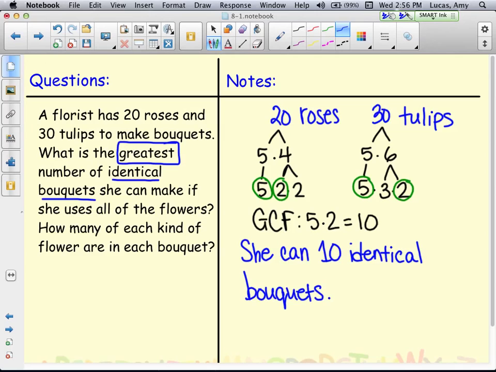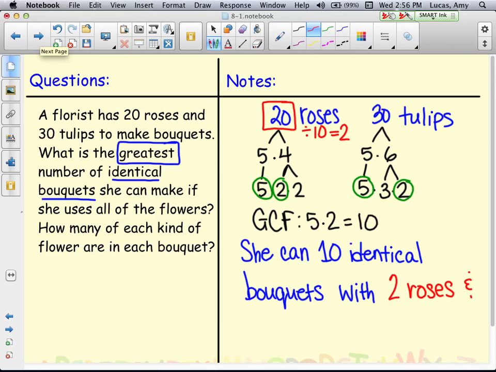Okay? And what's going to be in those bouquets? Let's think about that. If she makes 10 bouquets, she's got 20 roses. And if you're dividing it into 10 bouquets, that would mean 2 roses.